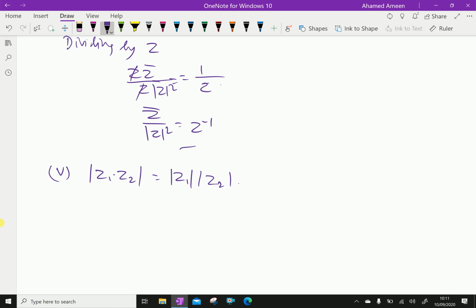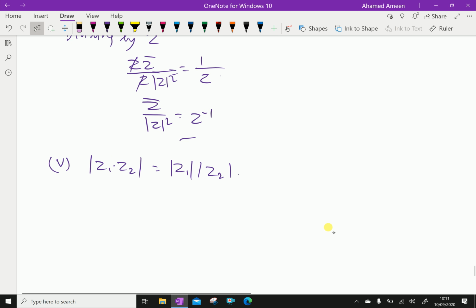So we can take z1 as a plus bi, z2 as c plus di. Then we can multiply them and find the modulus, which is equal to modulus of z1 into modulus of z2. We can prove this easily.